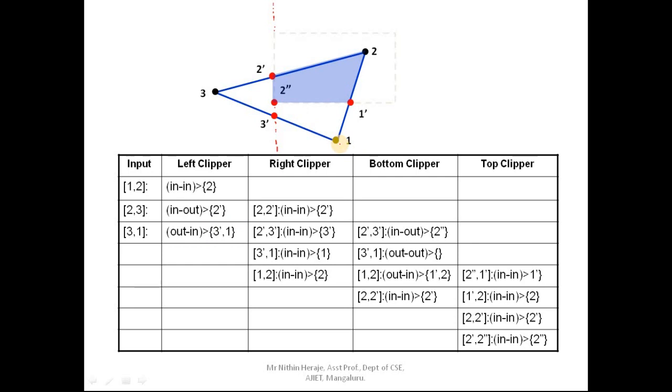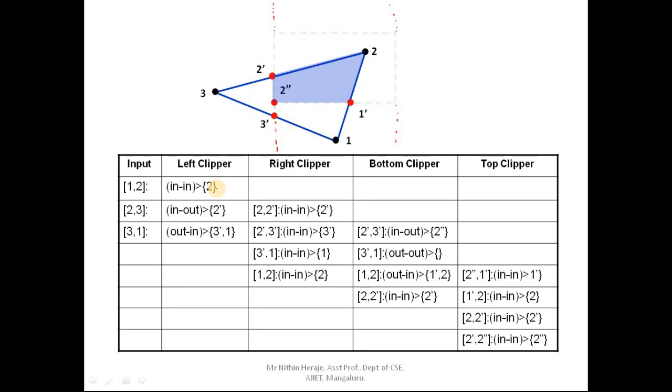So this completes the left clipper, and whatever is left clipped, we now give to the next one, the right clipper. For the right clipper, anything on the right side of this line will be treated as outside, and anything toward the left of this line is treated as inside. What are the edges?